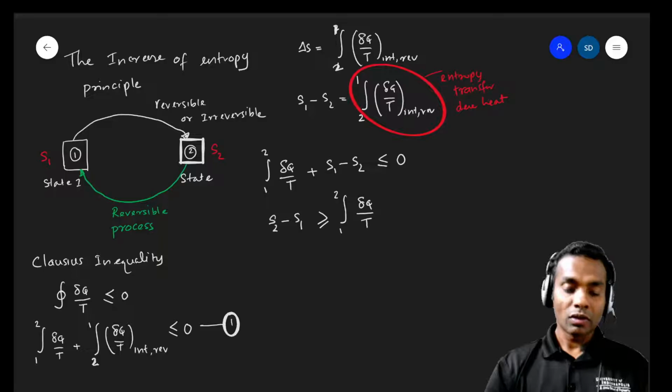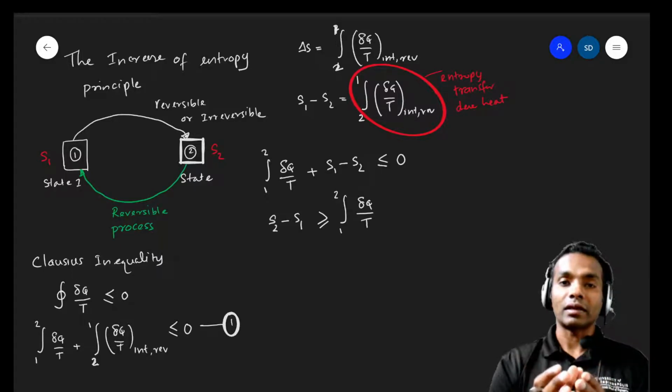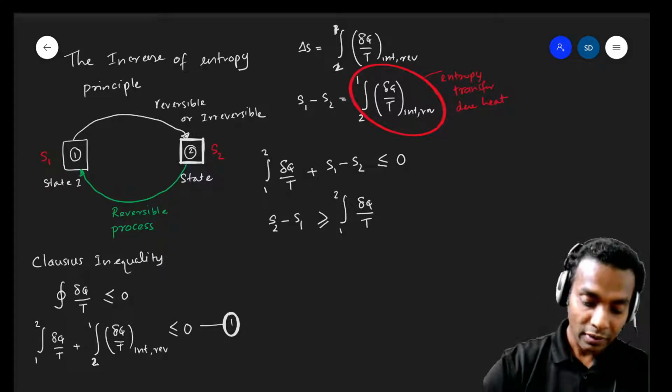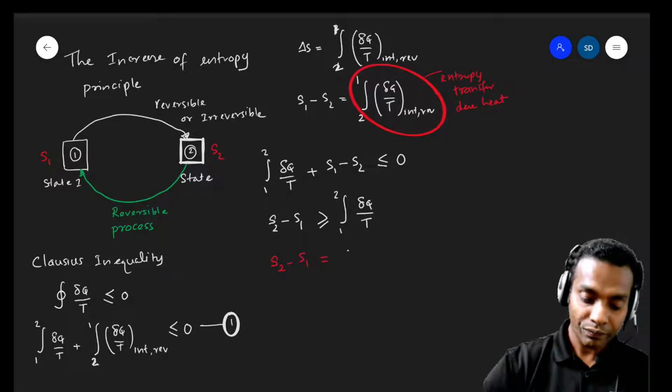Therefore, there could be something going on when an irreversible process takes place between two states of the same system. That is the entropy generation. So we can say that S2 minus S1 equals the integral 1 to 2 of delta Q over T plus the entropy generation.